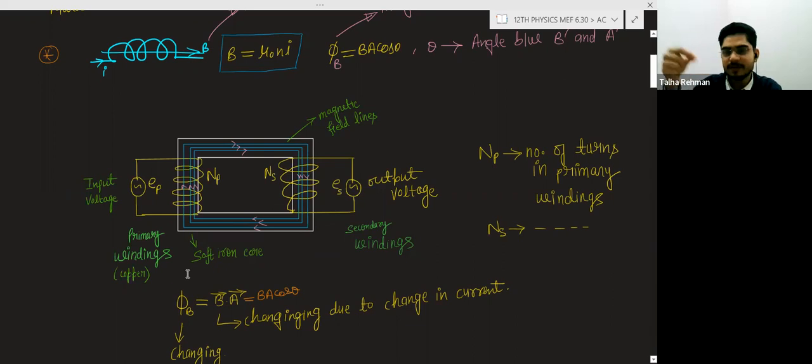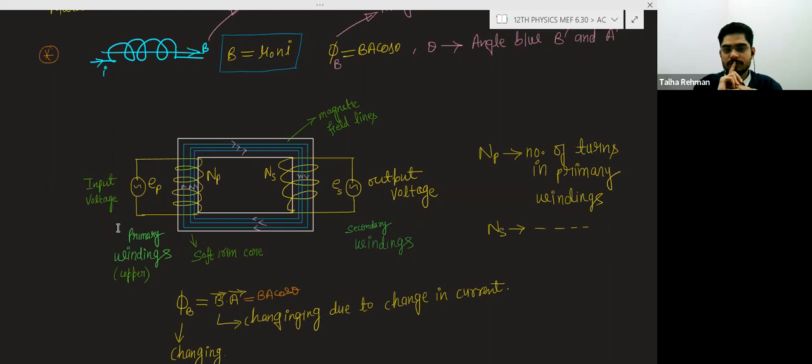Winding means wire of copper. Here this is the winding, and this winding is connected with an input voltage, which is an alternating input voltage. This is the symbol of the alternating input voltage.